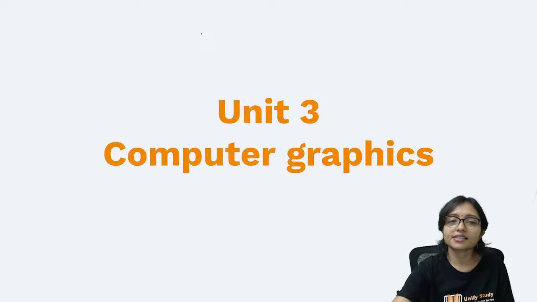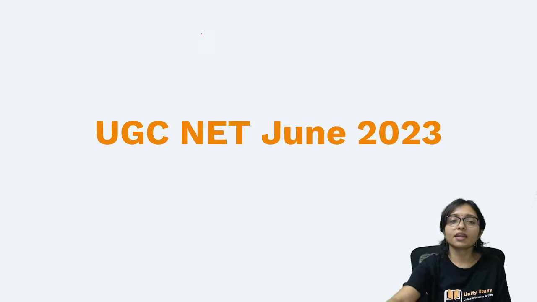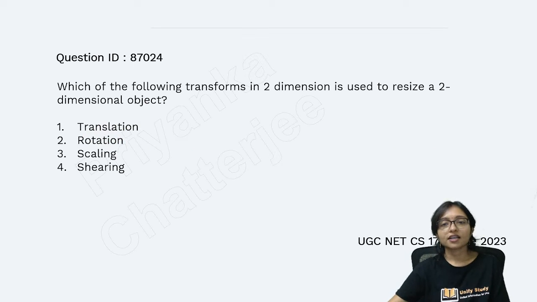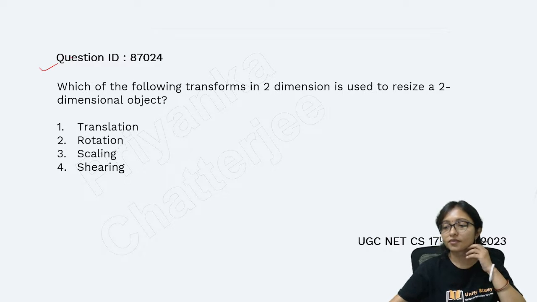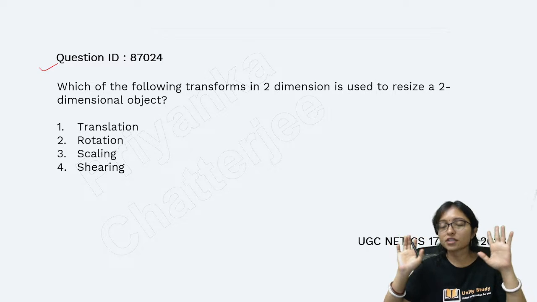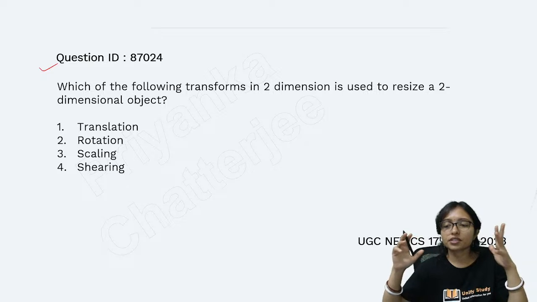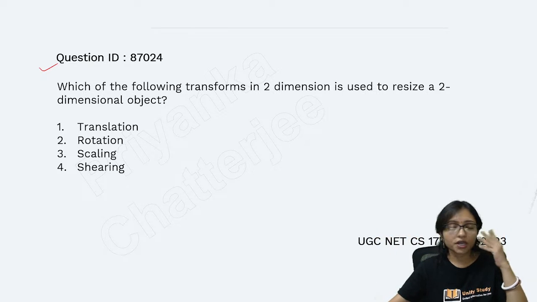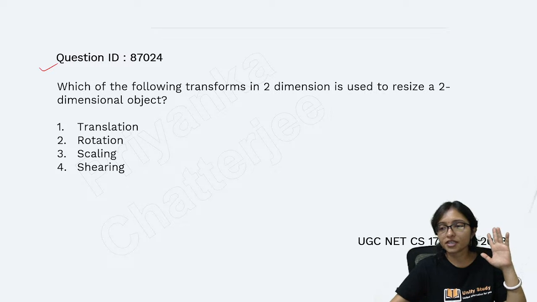Okay, let's start. The first question is from UGC NET June 2023. Tell me what will be the answer for this one. We already did 2 classes. What are the important topics and concepts we discussed already, and with this question some concepts will come; we will discuss those also. Today we are going to cover graphics for UGC NET SET.